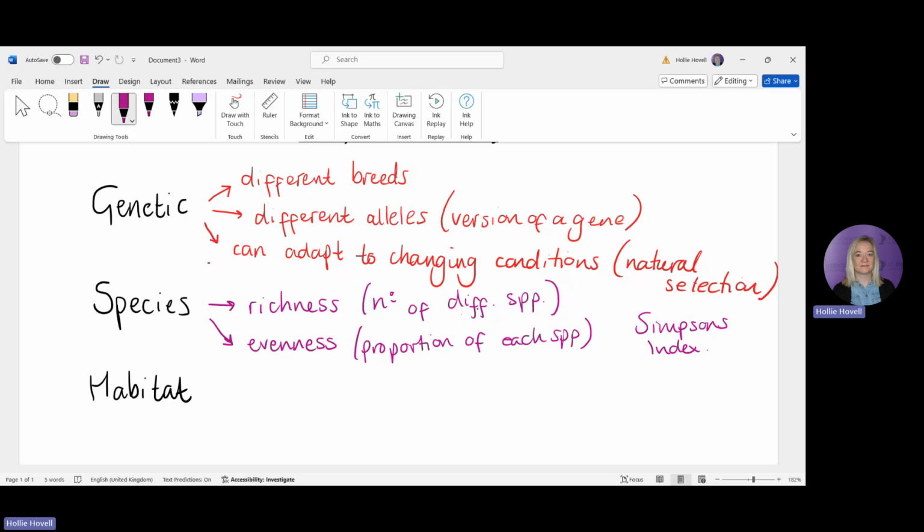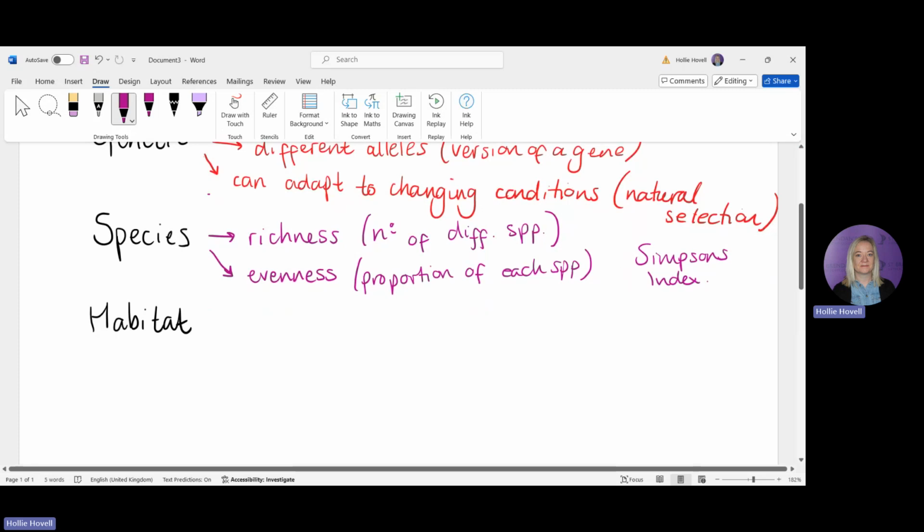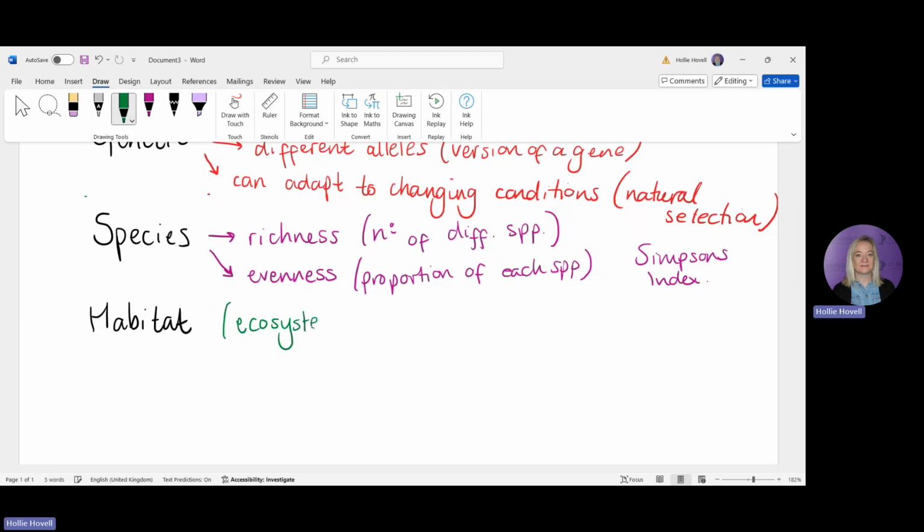The third type of biodiversity, the third level, is the largest one, which is habitat diversity. Habitat diversity can sometimes be called ecosystem diversity.